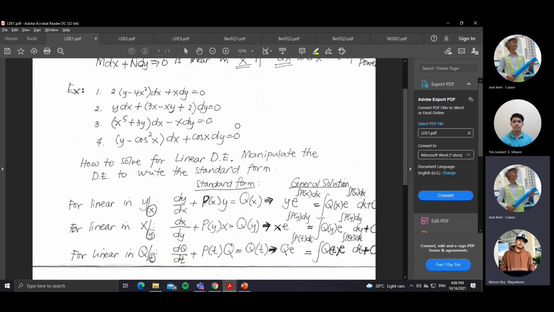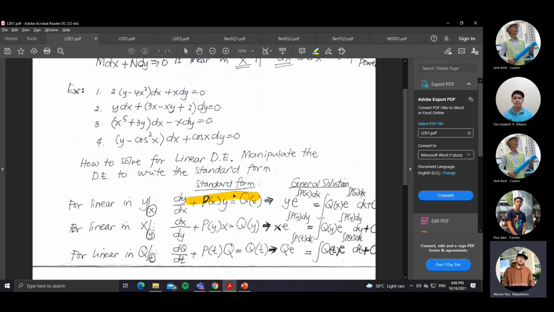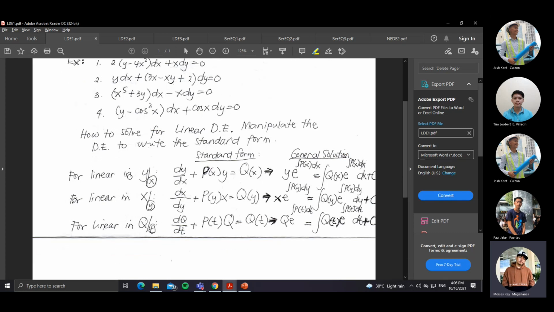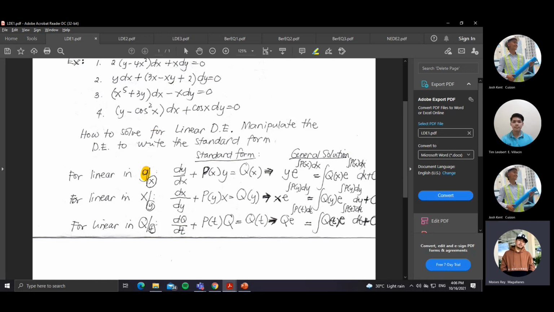So to solve for linear DE, we have to get its standard form. And from the standard form, we are going to use these values here para sa ato ang general solution. So if it is linear in y as a function of x, mao ni ato ang standard form. Murag timan-an nga if unsa ato ang dependent variable, mao na naa sa babaw.